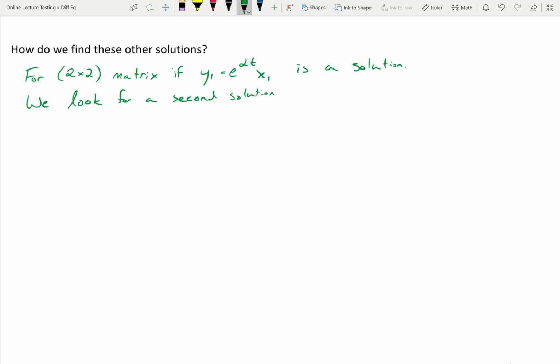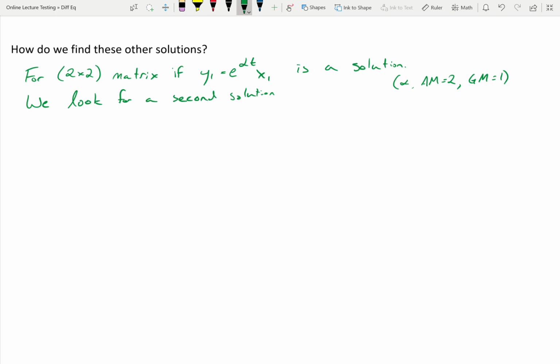So let's say here that alpha has an AM equal to 2, but a GM equal to 1. So meaning that it's defective. So we need to look for a second solution.